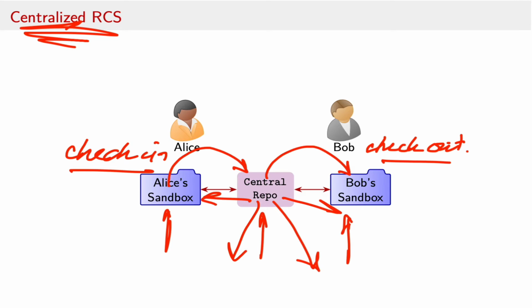The problem arises when you're trying to go the other direction, when you're trying to check something into the central repository. Again, related to the problem with the shared directory, if both Alice and Bob have copies of some source file and they make different changes to those files, and then Alice, say, checks hers in first and then Bob checks his in, the potential seems to be there that Bob's changes could overwrite Alice's changes, and so we would lose Alice's work.